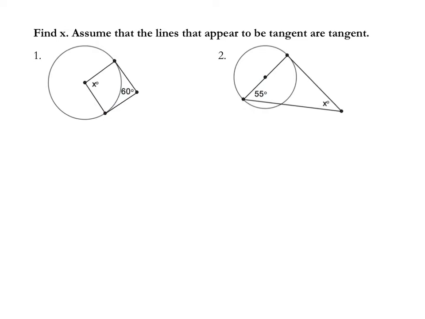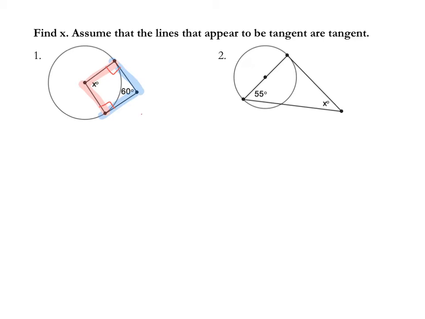So looking at number 1, the first thing we want to do here is figure out what angle x is. So before we can find angle x, it's recognizing what the other angles in this shape are. So if you look, we have a tangent line here and we have a tangent line here, and they're meeting up with a radius. So we know that we can put right angles in there. So that's your first step, is anytime you see a radius and a tangent line coming together, you can put in that those are 90 degrees.